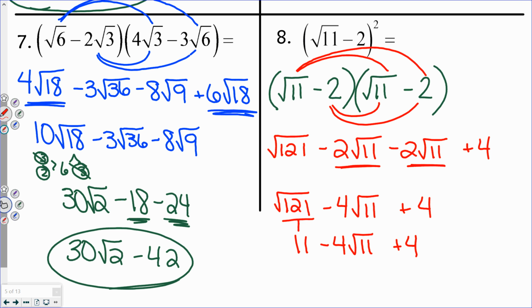Yep, so that just became 11. And now there's like terms again. Those like terms constantly sneaking up on you. So that's 15 minus 4 radical 11. Now am I done? Yes. Finally I'm done. Those two are no longer like terms.